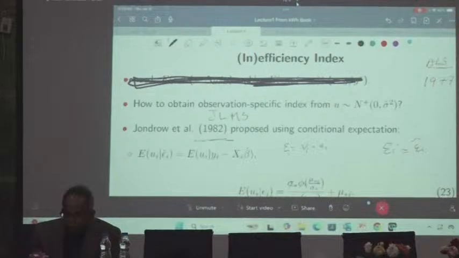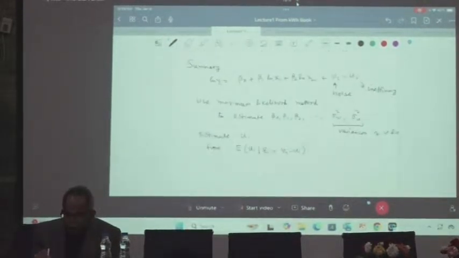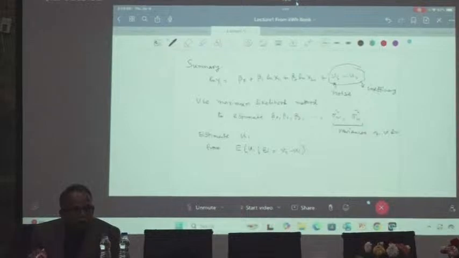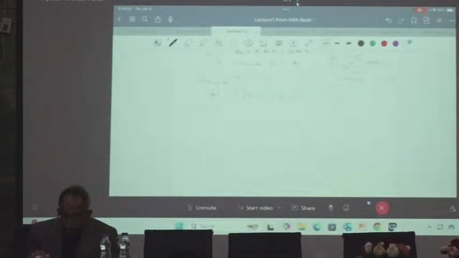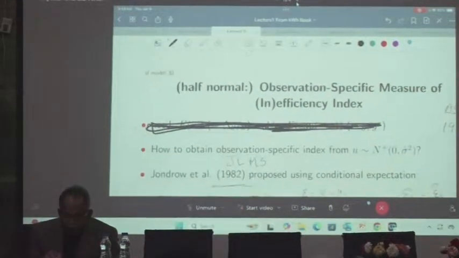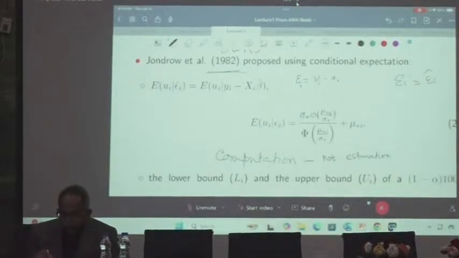Once you estimate the model, remember that you get the parameters. And once you get the parameters, you can define this whole thing, which is the residual. So that means you know the residual. As I was telling you yesterday, you get the whole thing, V minus U, but the problem is separating U from V minus U. So what we do is we use this conditional mean, and because of the distribution, there is a formula for that, which is this one.